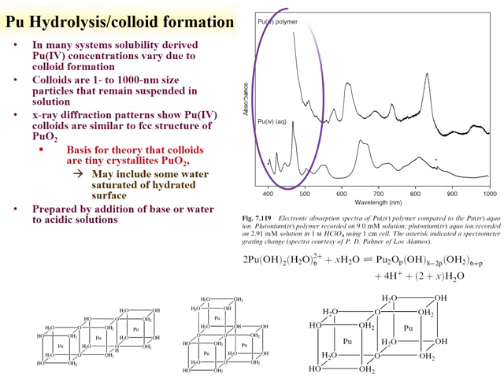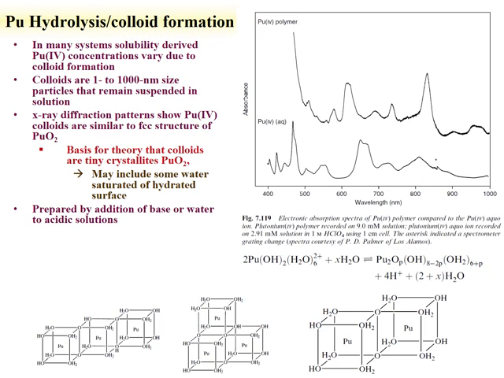So these colloids in solution can be thought of as extended hydrolysis products, actually extending all the way down to the dioxide. These particles are between 1 and 1,000 nanometers in size, depending upon the route of the experiment. X-ray diffraction shows that these plutonium-4 colloids have an FCC structure, face-centered cubic, similar to plutonium dioxide.